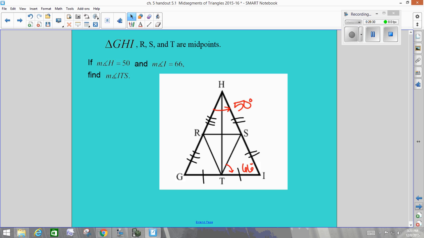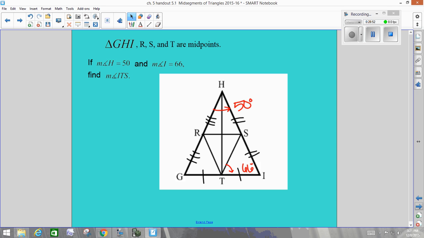Spence. You have to give me a reason why. Does it say it's bisecting it? Then I don't know. It kind of says that.